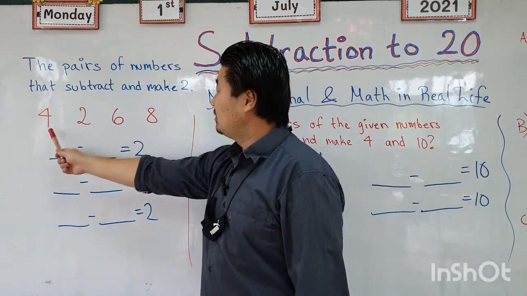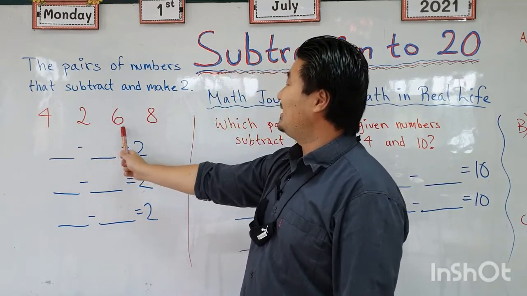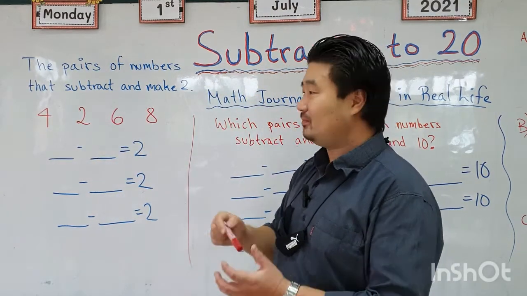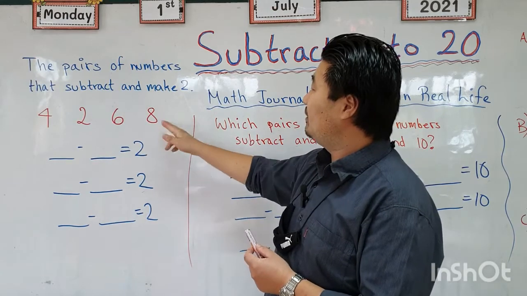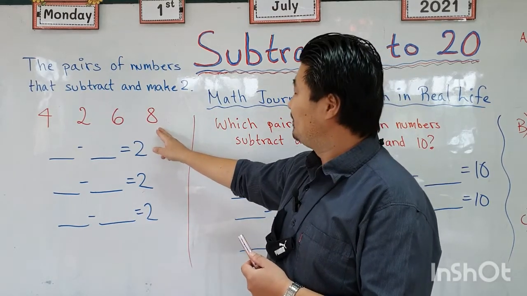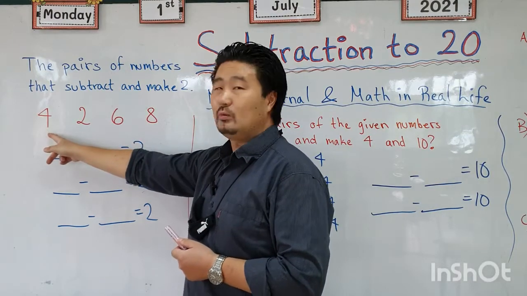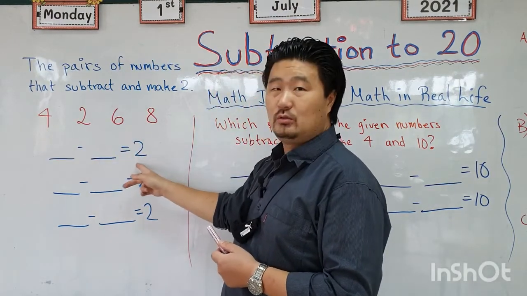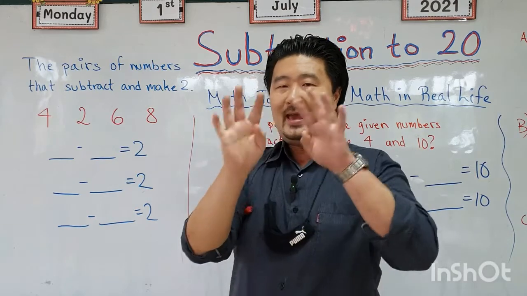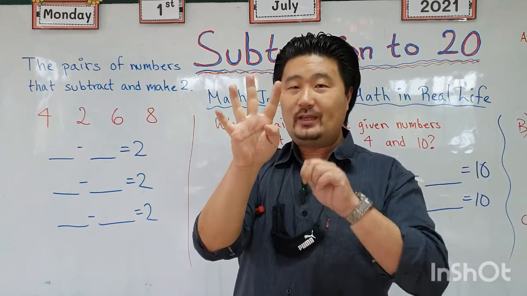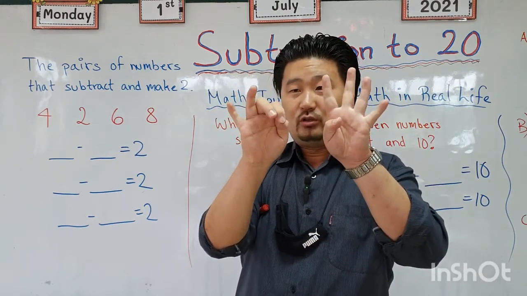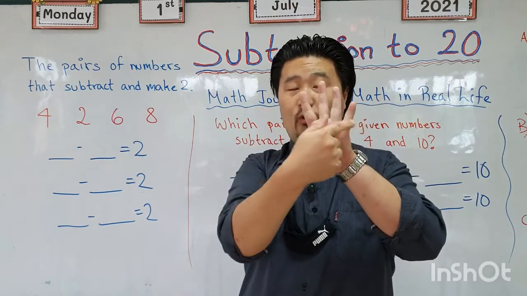So we have numbers 4, 2, 6 and 8. So let's start with the biggest number, 8. 8 minus 4, what is that? Is that 2? No. 8 minus 4 equals 1, 2, 3, 4 equals 4.